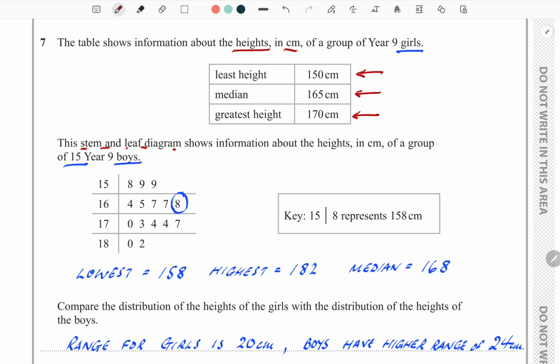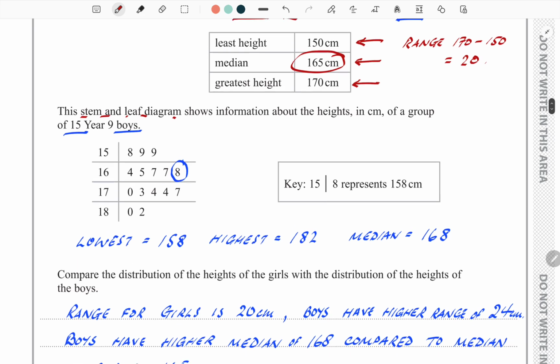So what we have here, the important part to note first is from the girls' data, work out that the range is 170 minus 150, the tallest minus the shortest. So that equals 20, and the median we already have as 165.